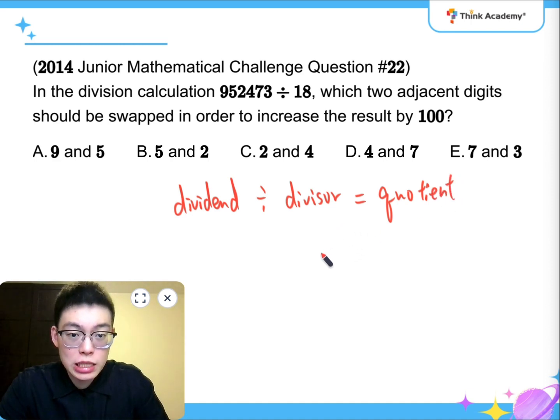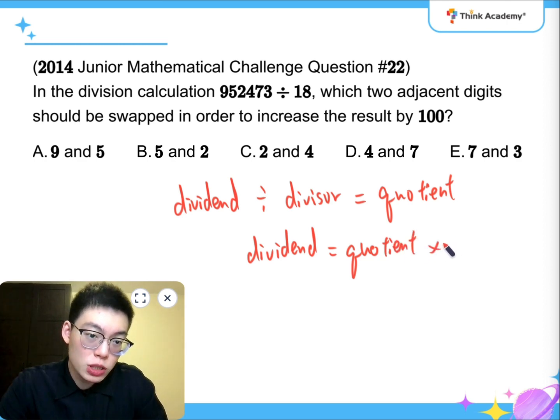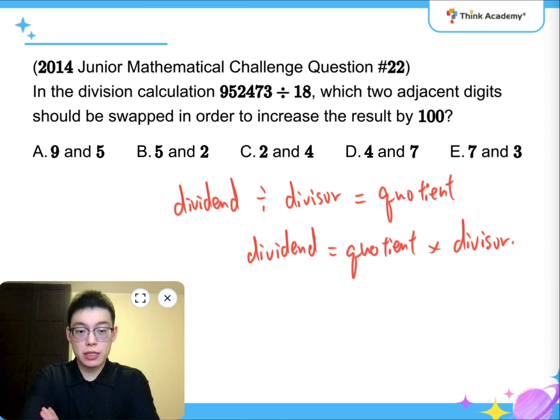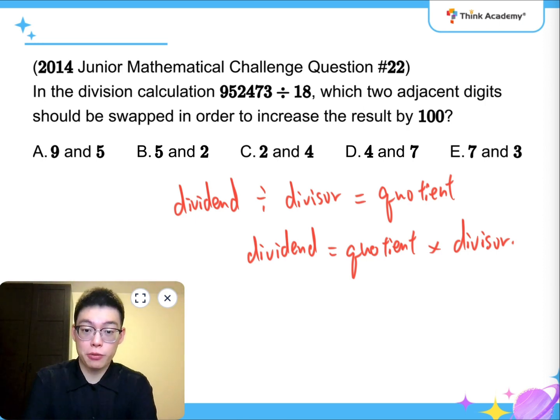Which means that the dividend is equal to the quotient multiplying the divisor, of course. For example, 6 divided by 2 is 3, so 6 is 2 times 3, right?